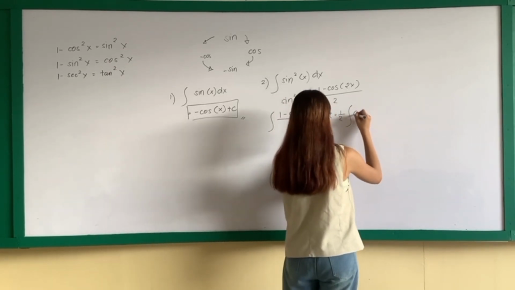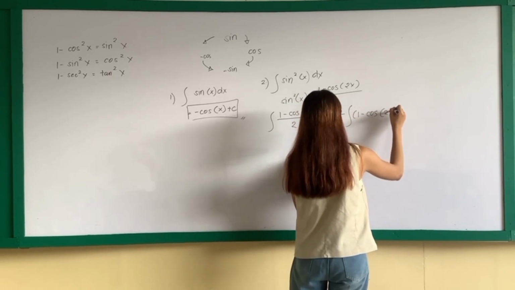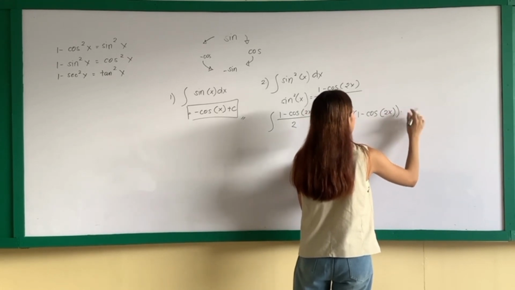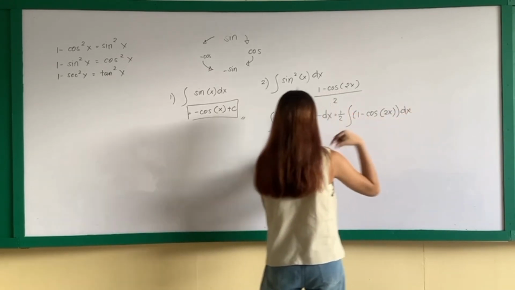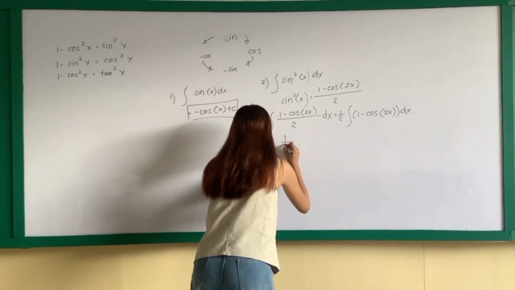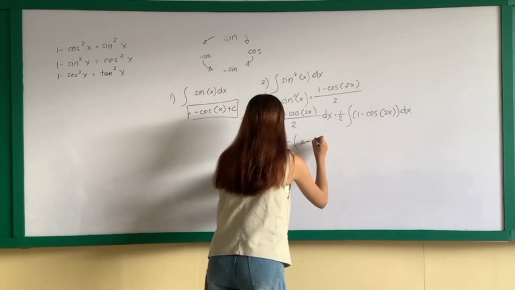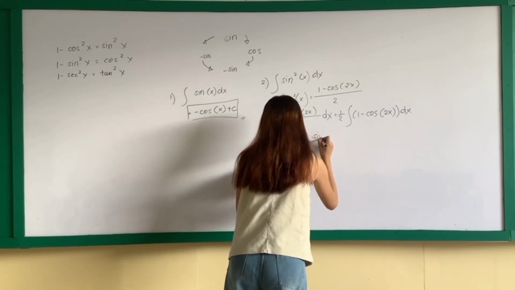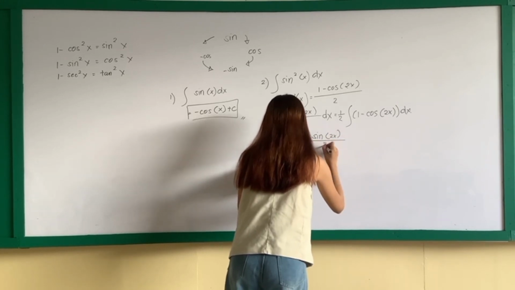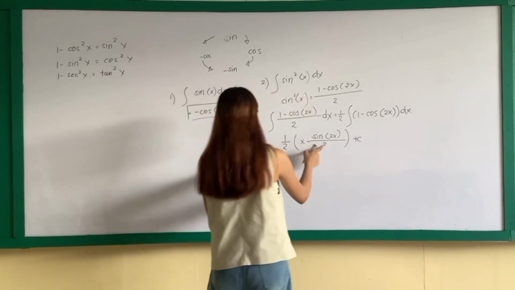1/2 times the integral of 1 minus cosine 2x. Since the denominator is 2, we take it outside of the integral sign. So that makes 1/2 times x minus sine 2x over 2 plus c.